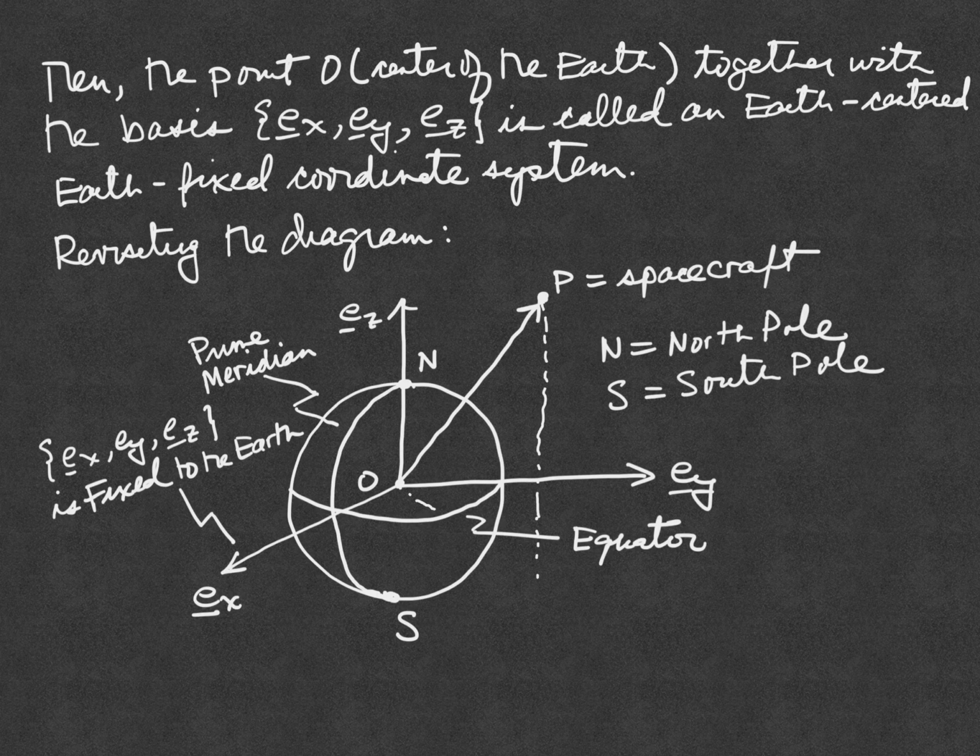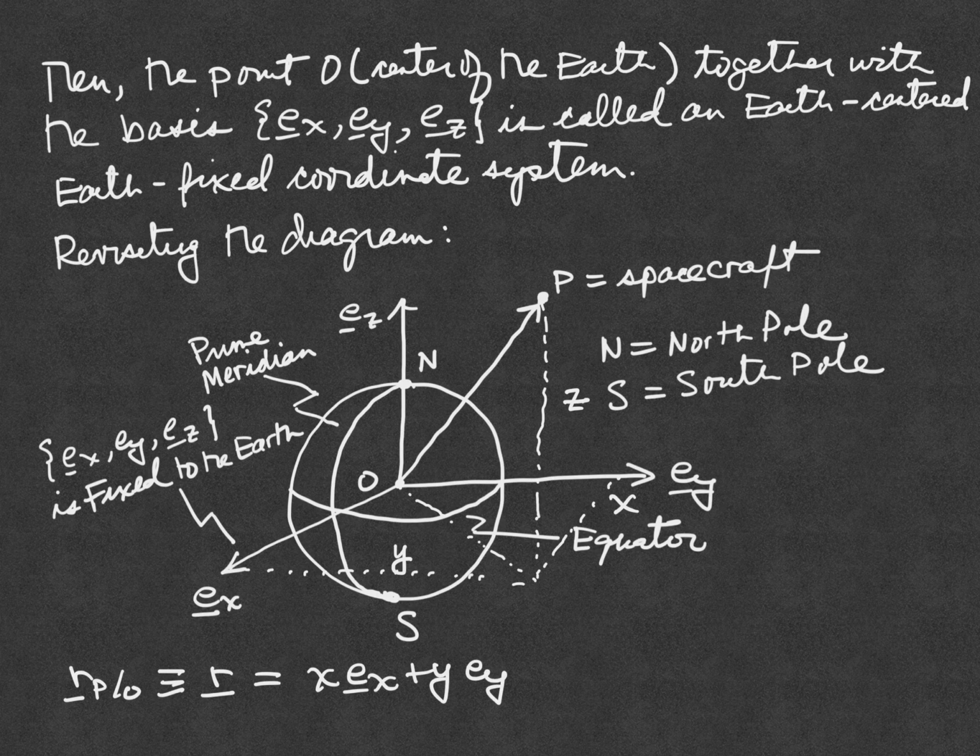The components are, of course, as would be natural, denoted X, Y, and Z. So this component is X, this component is Y, and this component is Z. It can be seen from this diagram that the position of P relative to O, which henceforth will just be denoted R, is equal to X EX plus Y EY plus Z EZ.